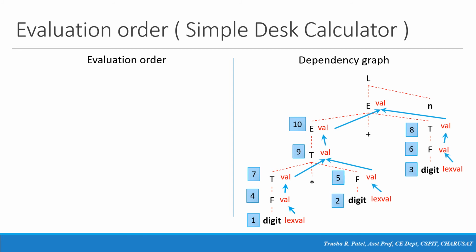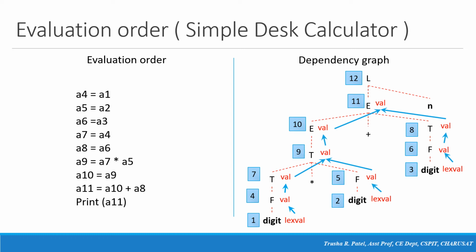Sequence number 10 is the value of T assigned to the value of E, and sequence number 11 is the value of E calculated from the value of E and the value of T. And lastly, we reach sequence number 12, that is L.